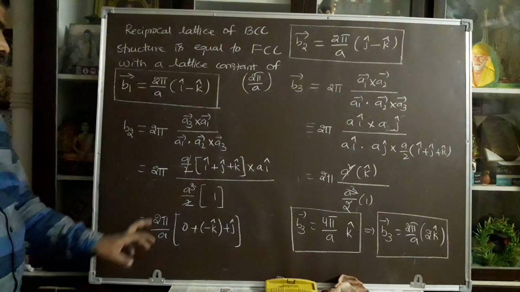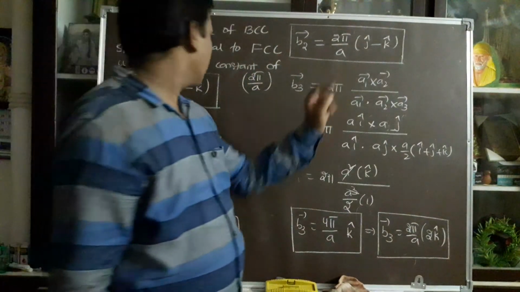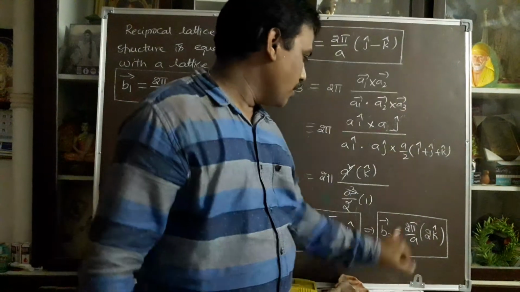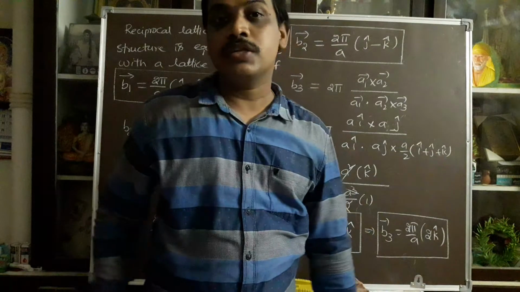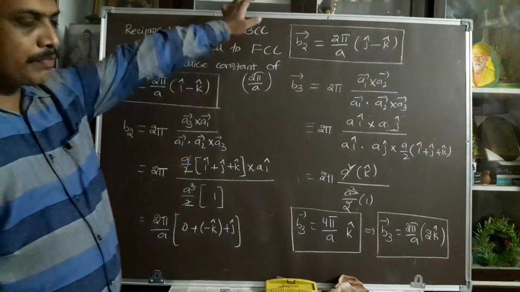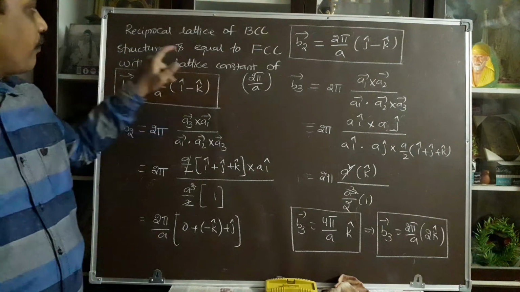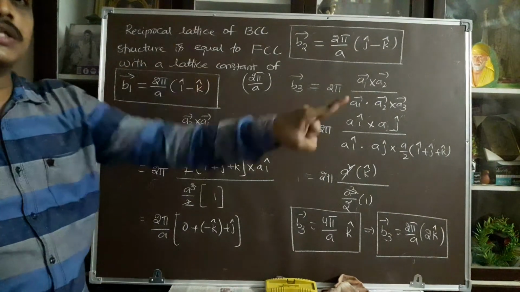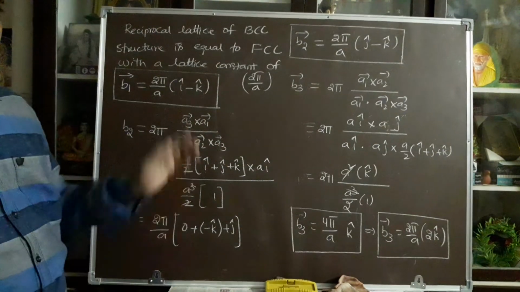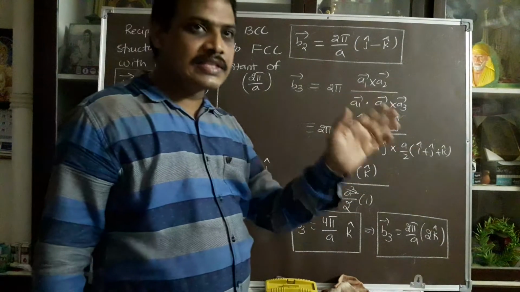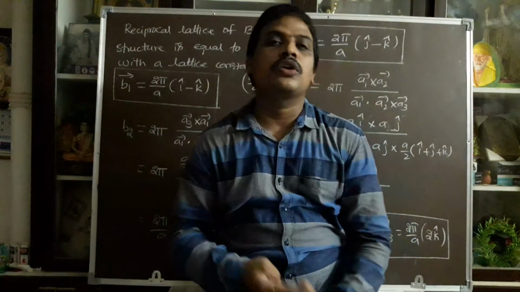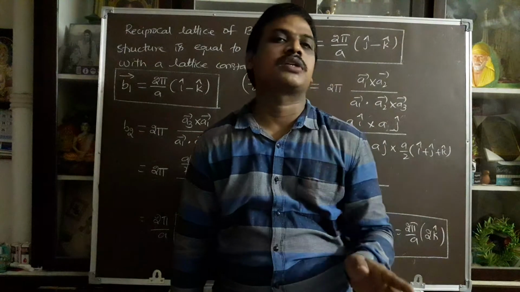But what is the direction? B1 is i bar minus k bar, B2 is j bar minus k bar, B3 is 2 k cap. Directions are changed. So based on the direction, the reciprocal lattice structure of BCC structure is similar to face centered cubic structure of the crystal structure.